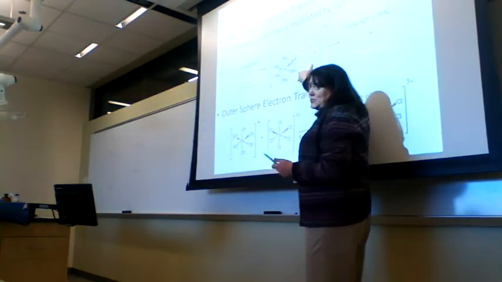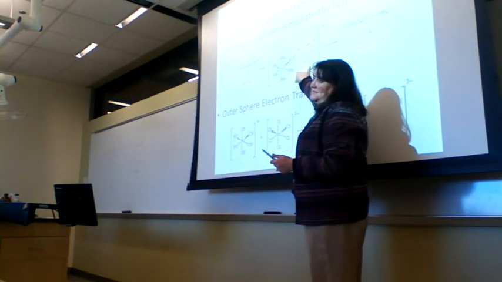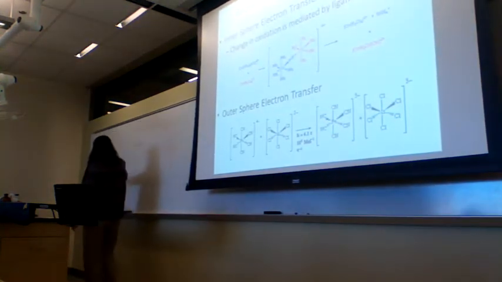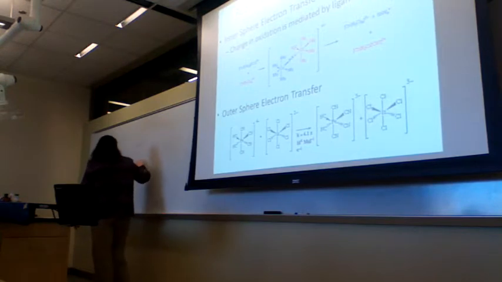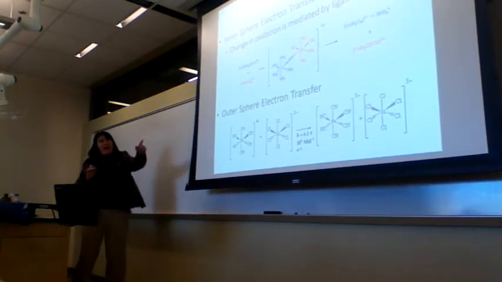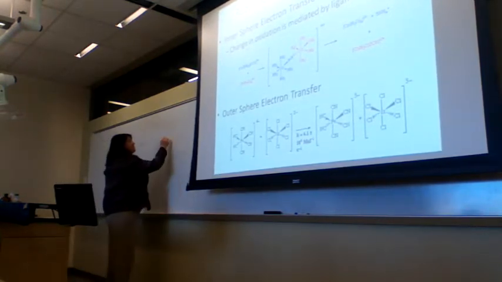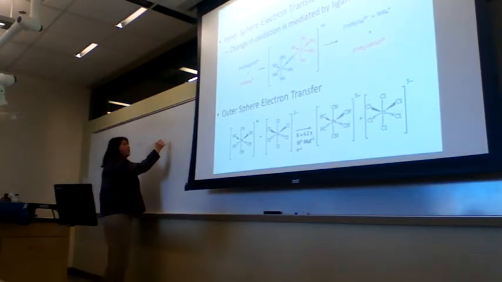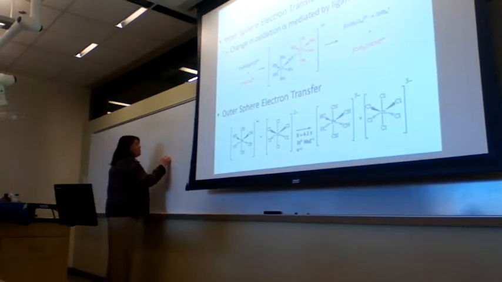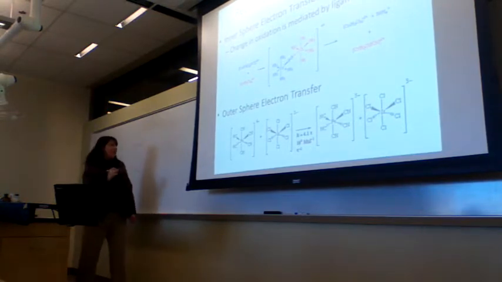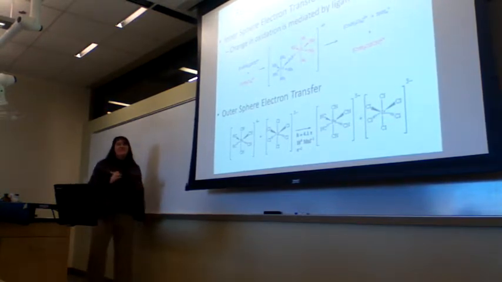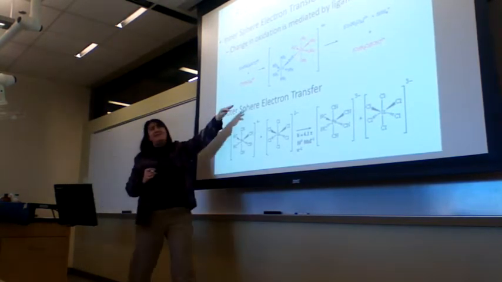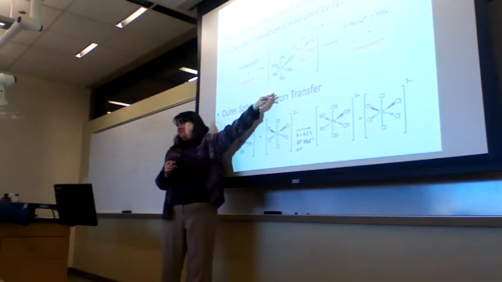Okay. Now electron transfer happens. So we go from cobalt 3 and chromium 2. What do we have over there? Cobalt is 2, and chromium is 3. But this doesn't look like just dissociation, right?